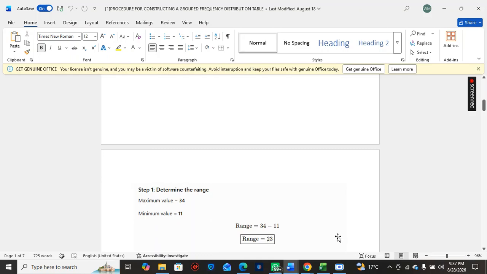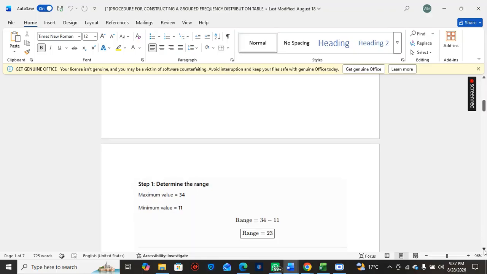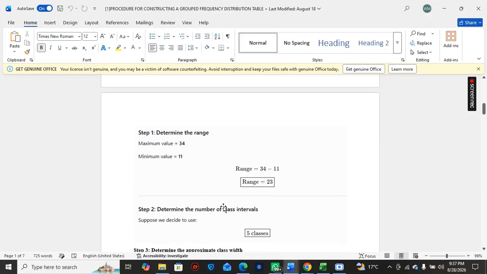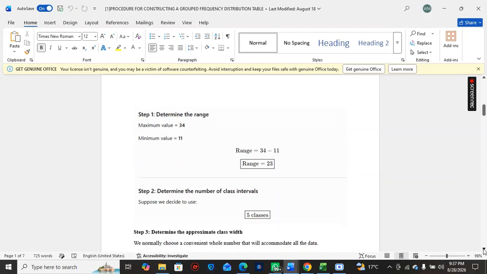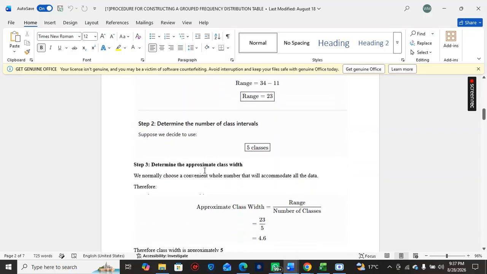That is step one. Step two, after you get the range, you need to determine the number of classes you want. Here, step two is up to you to choose, so we have chosen 5 classes. Step three, approximate the class width, the range over the number of classes.